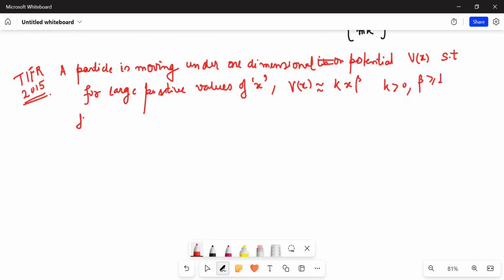If the wave function has the form exponential minus x raised to power λ, then which of the following is true?